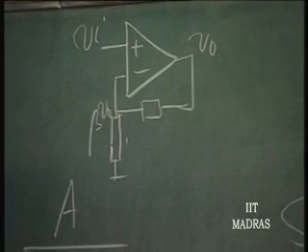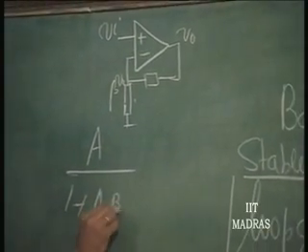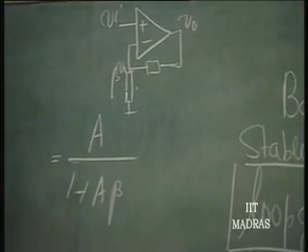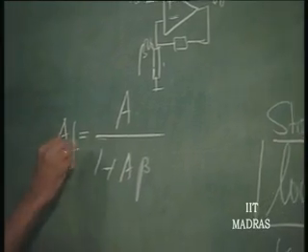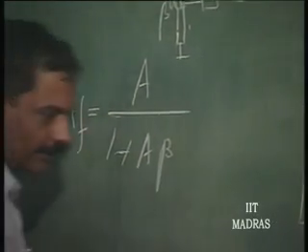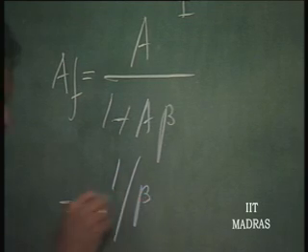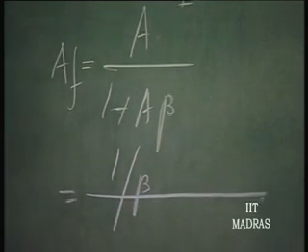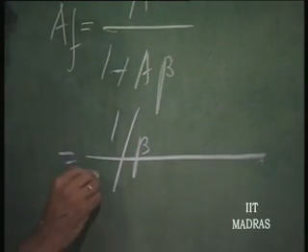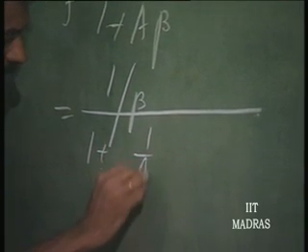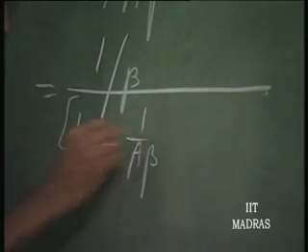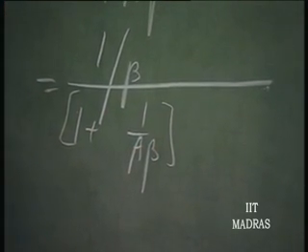A by 1 plus A beta is the amplifier gain with feedback, which is equal to 1 over beta divided by 1 plus 1 over A beta, just like last time.